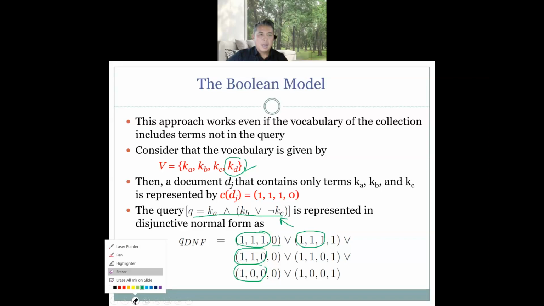So meaning that I will include 1110 and I don't care about the last one. I will include 1111 because there are only two possibilities. So I will include the pattern 100, but I don't care about this.